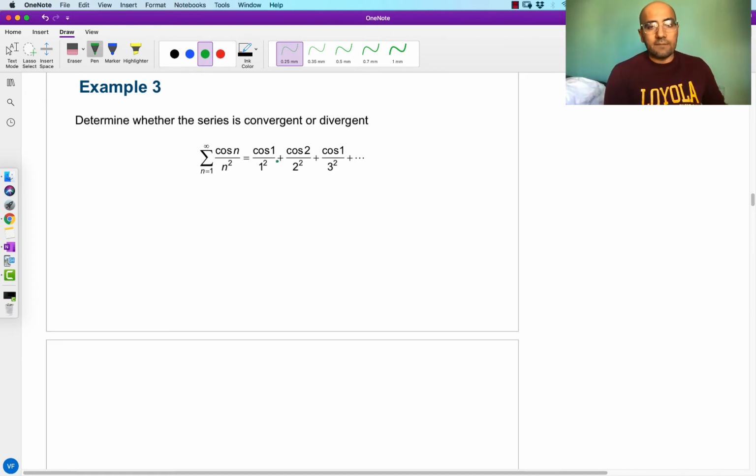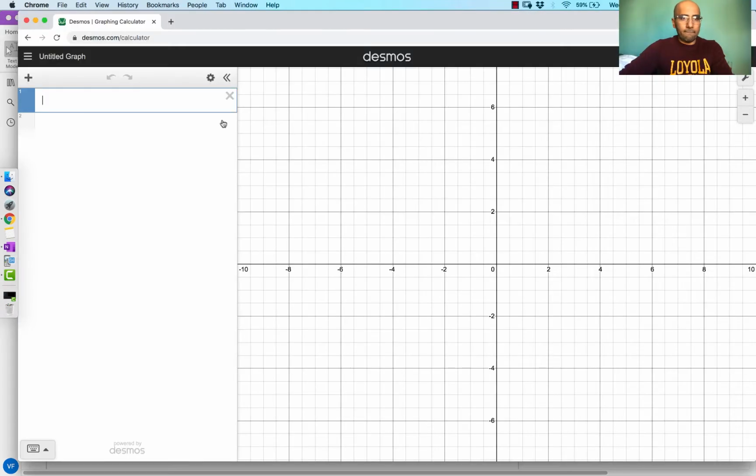This is not 1 degree, 2 degrees, 3 degrees. This is in radians. Okay, so now if we think about our cosine function, in fact, let's look that up. Let me graph that with Desmos. Let's look at the cosine function.